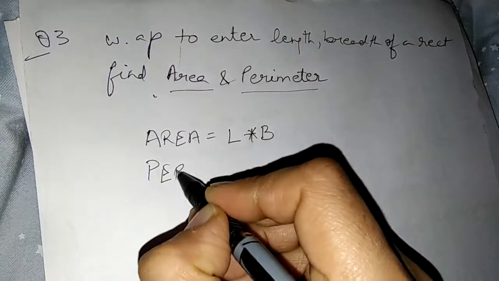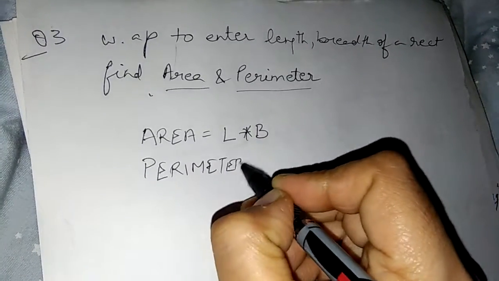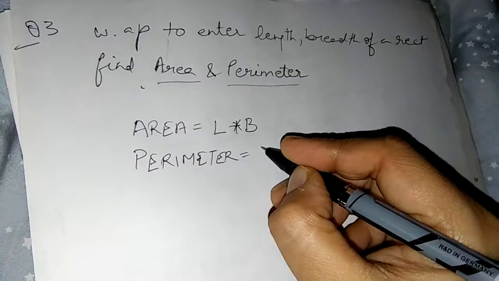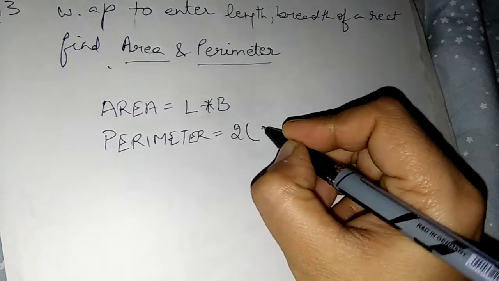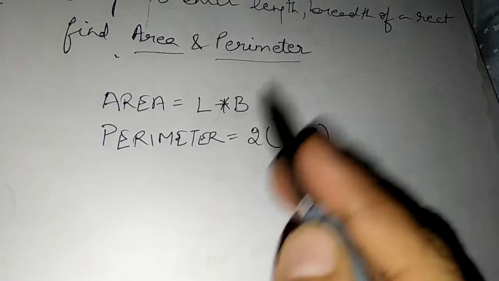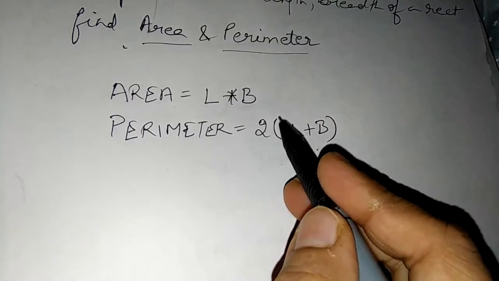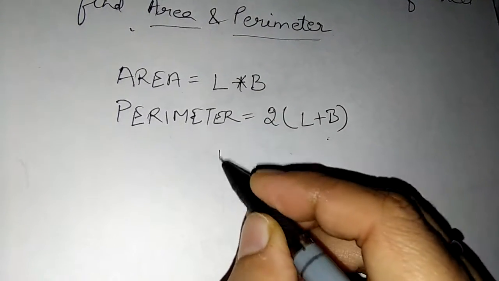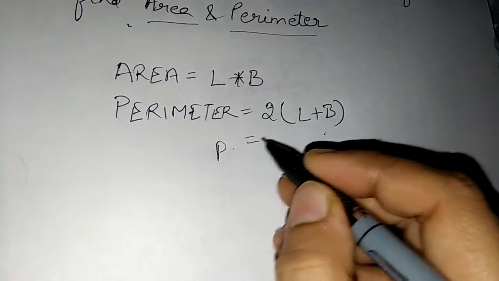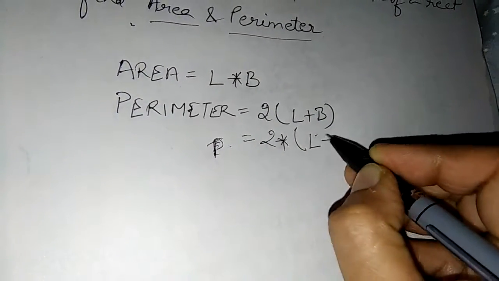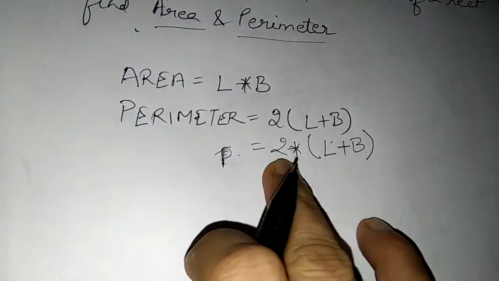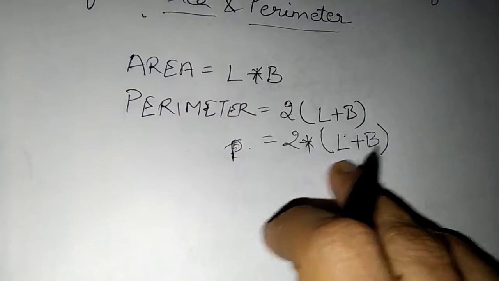For perimeter of a rectangle, the perimeter is twice L plus B. Now you will have to convert this expression into computer language. 2 in bracket L plus B means 2 multiplied by the sum of length and B.